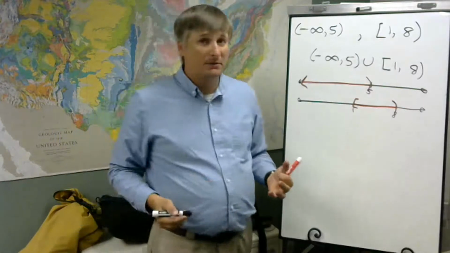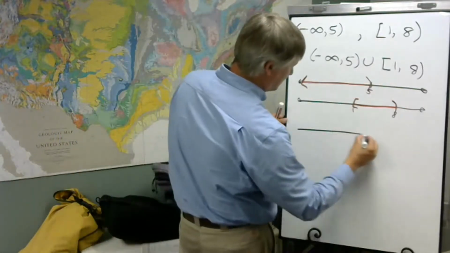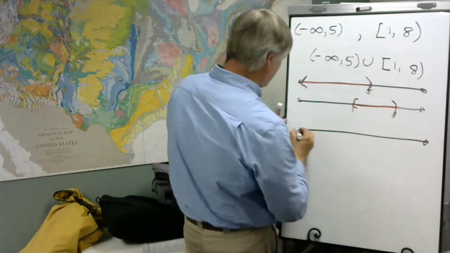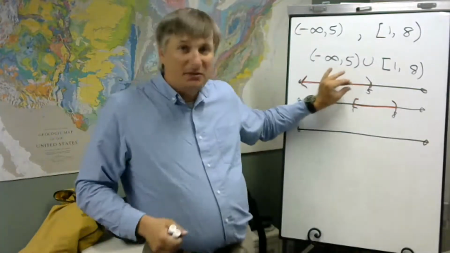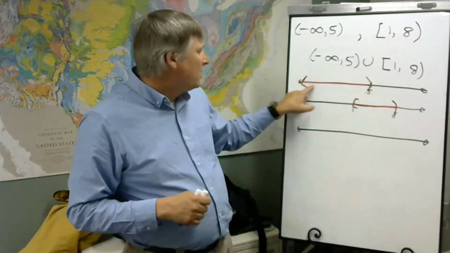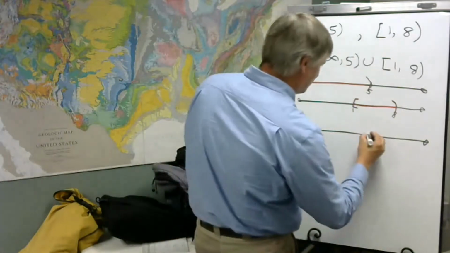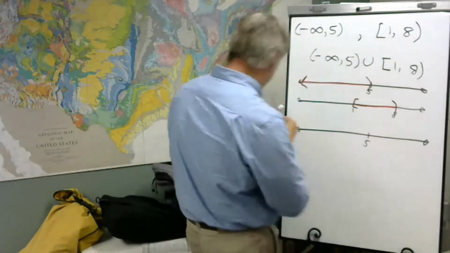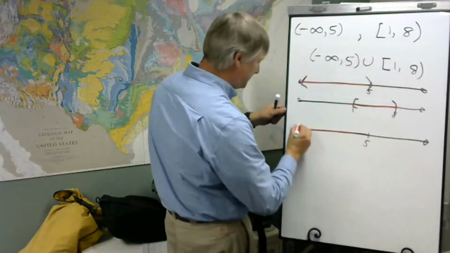So now let's combine these intervals. So if we bring these together, if we put them all in the same box, we're going to have all the numbers up to 5. So we definitely have this.